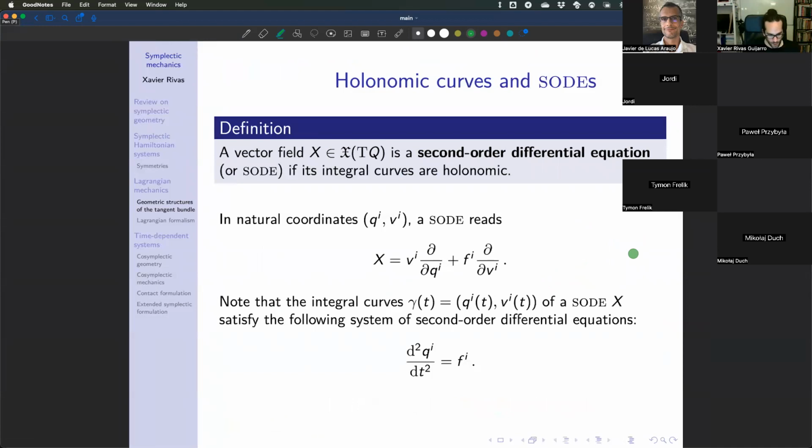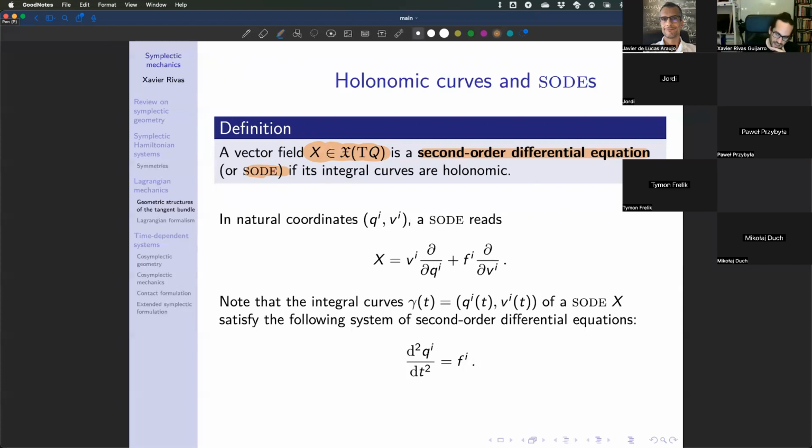And now, what I was spoiling before, what are second-order differential equations? Well, a second-order differential equation, or a SODE, will be a vector field in TQ whose integral curves are holonomic. So we want the integral curve of our vector field, which will be the actual dynamics of the system, to be holonomic.